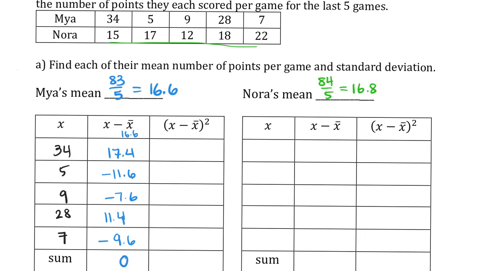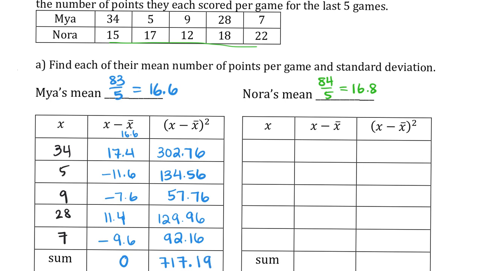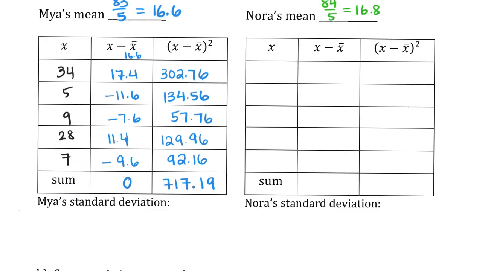So now I'm going to go ahead and take each one of these values and then square them. So 17.4 squared is 302.76. I'm going to go ahead and keep doing the rest. Okay, I filled out my third column and I'm adding up all these numbers and I get 717.19. Okay, so let me find my standard deviation.